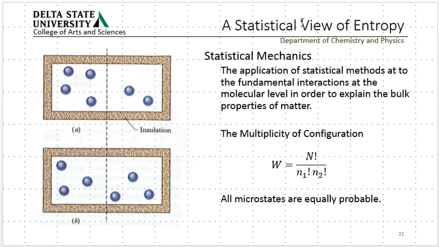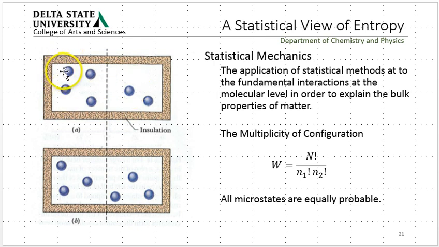So one of the things that comes out of this is a different way of looking at this problem of, hey, we've got 4 molecules of gas here and 2 there, or 3 here and 3 there. And one of the big questions is, what are all the possible states we can be in, right? What is our multiplicity? How many different ways can we be in this state?